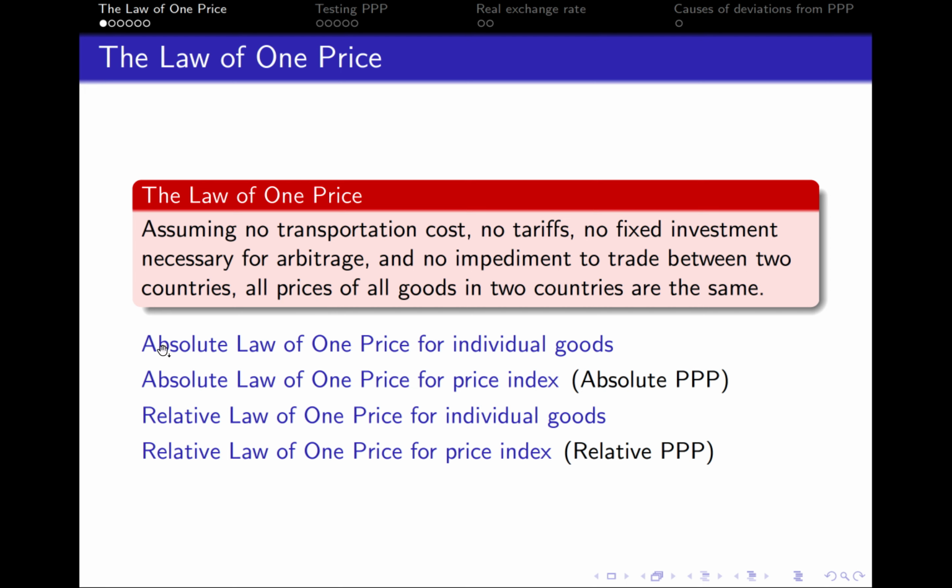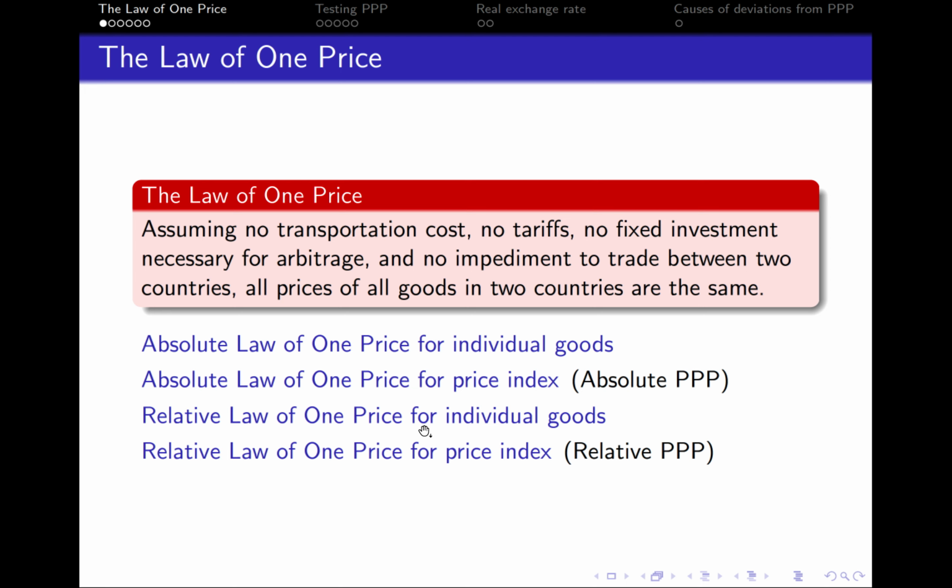And look, we can distinguish four different types of law of one price. Absolute law of one price for individual goods or for price indexes. This one we call absolute PPP, absolute purchasing power parity. And then we have relative versions of these laws.